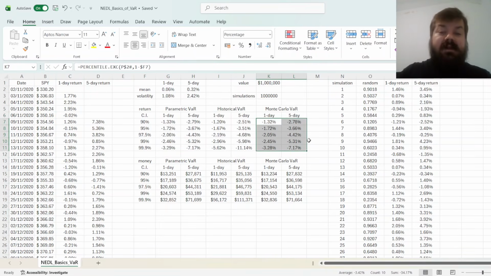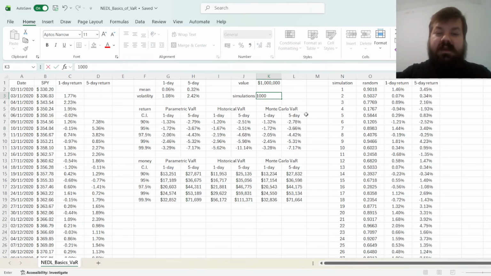What is problematic for Monte Carlo simulation on its own are two limitations. First of all, computationally, it can be difficult, especially if you want to run millions or billions of simulations. And second, because it is, well, random, by definition, it can be manipulated, especially if the number of simulations is low.